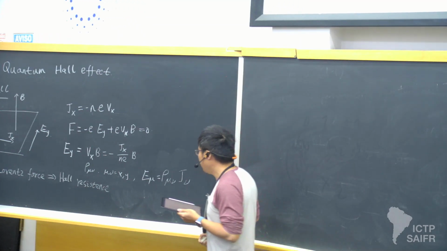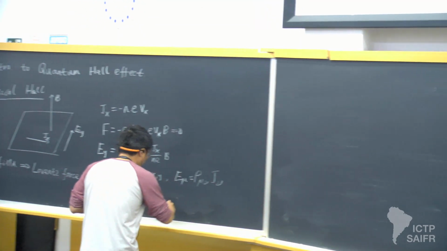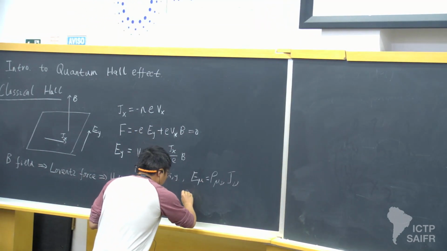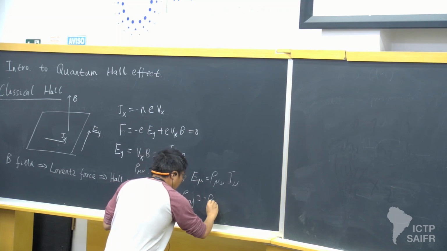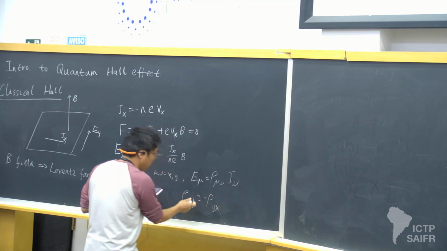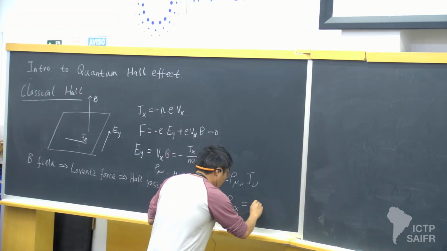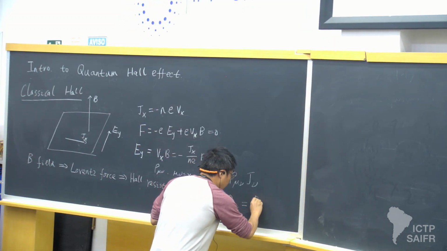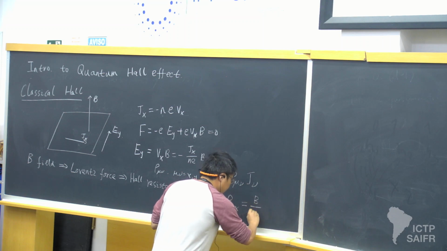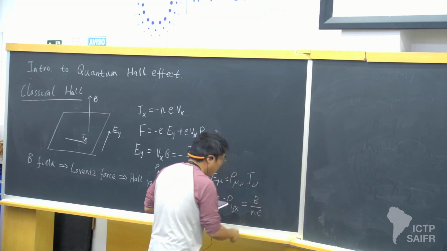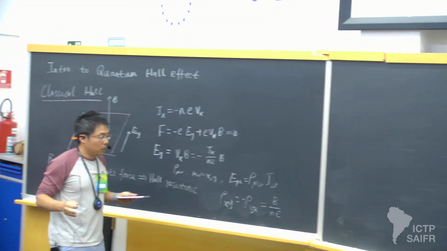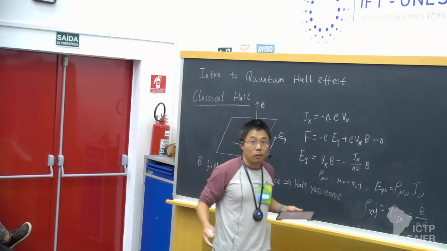With this relation, we end up with the Hall resistance, which is antisymmetric if you exchange x and y, and it will be B over n times e, right? That is what we learned from high school.